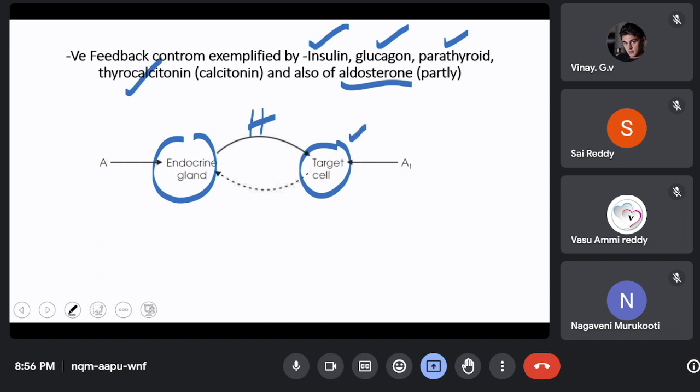And now what happens? The hormone that is secreted by the target cell now inhibits the secretion of the same by inhibiting the endocrine gland activity.